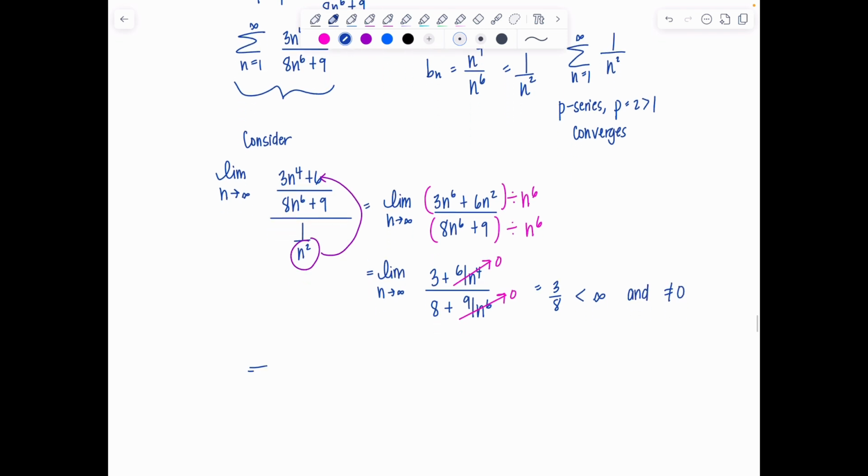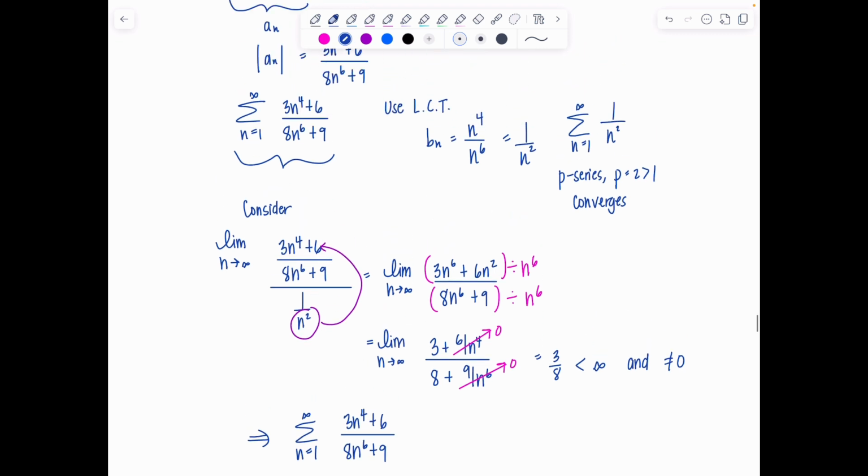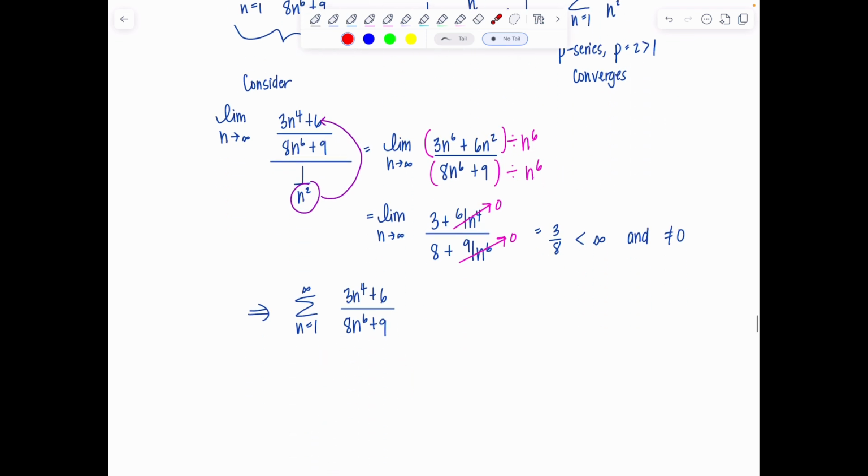So then that tells me that my series does the same thing as the one that I compared it to. Who did I compare it to? Do you remember? Yes, I compared it to this convergent p series right here. So then my series and that series are twinsies. My series also converges by the limit comparison test.